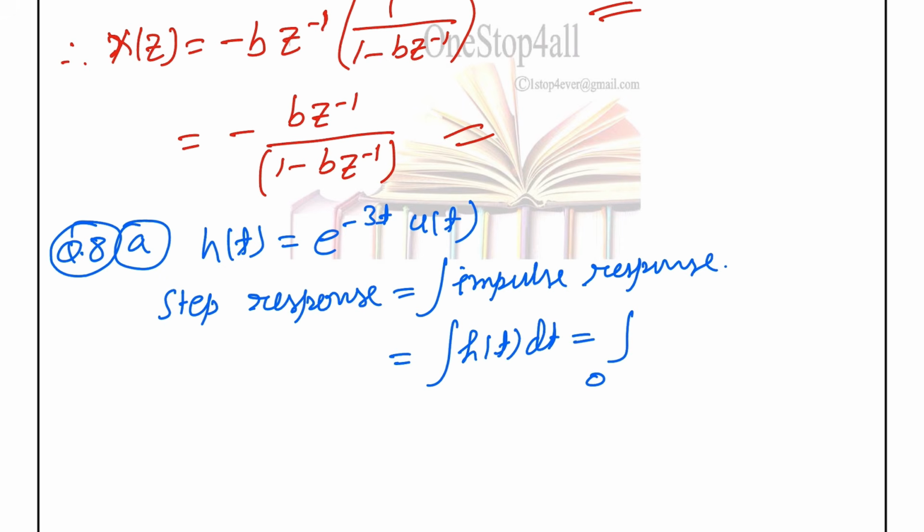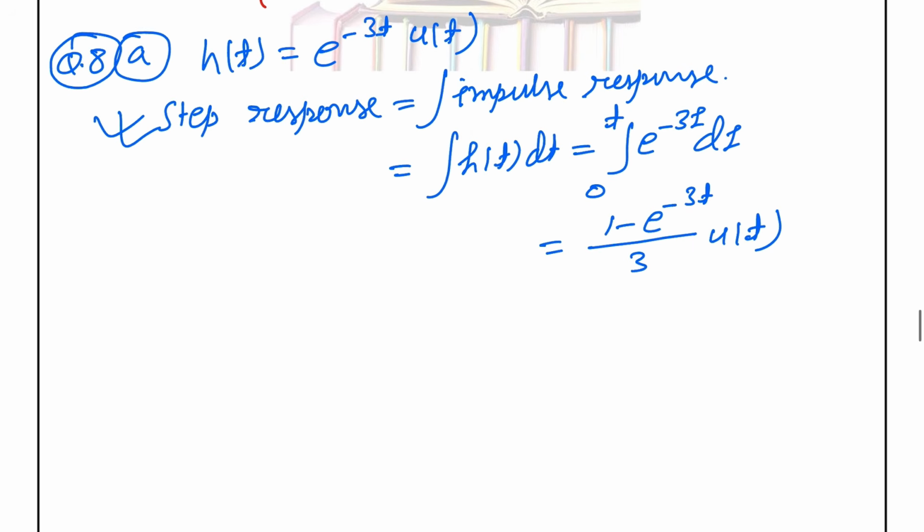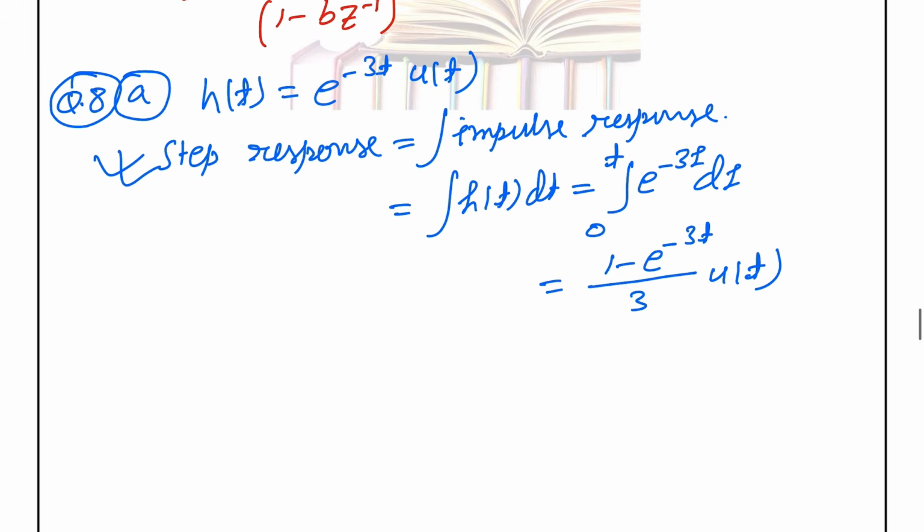To integrate this, we will write the integral from 0 to t of e to the power minus 3 tau d tau. Now, solving this, it will be 1 minus e to the power minus 3t by 3 into u of t. So, this is one method. If you want, you can follow another method also. There is another method. How to find another method?